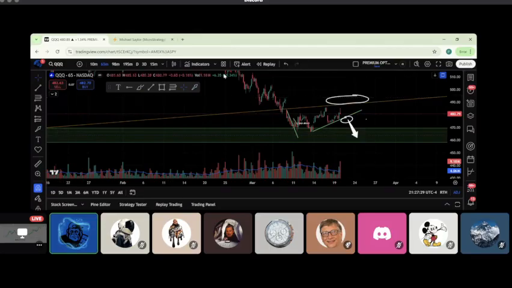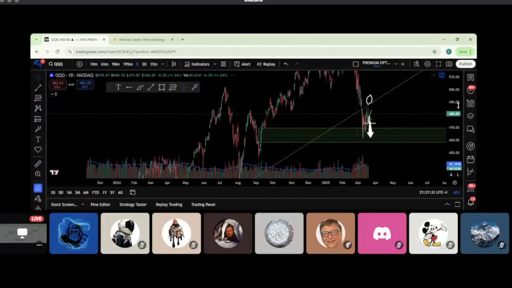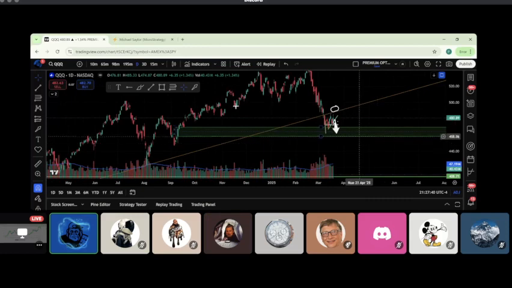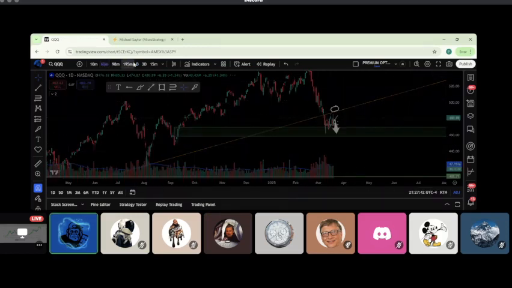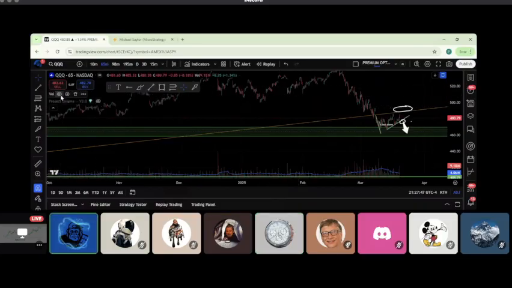If it rejects this level, it's probably going to make a big move down to like 458. It's at 480 right now, so just be careful. But we'll see what happens.